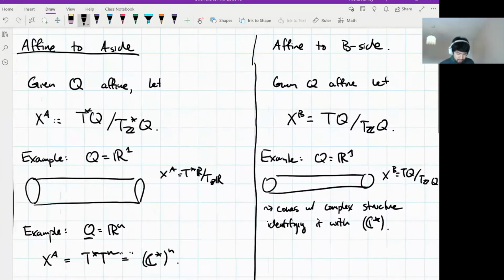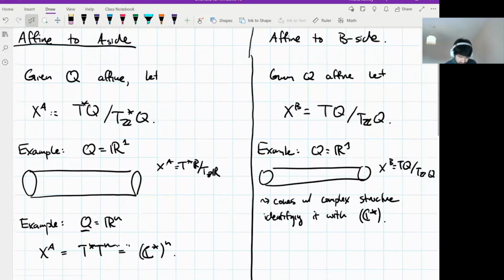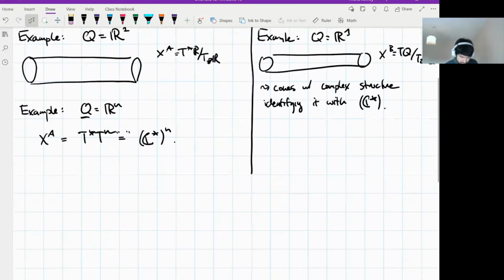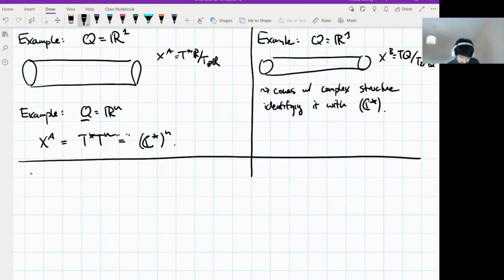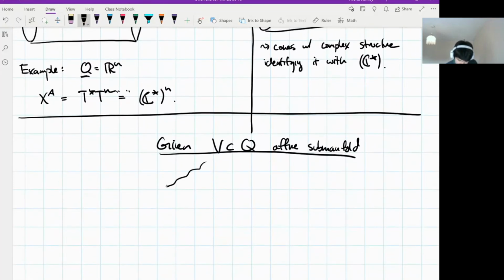Now, we didn't just have a story where we had a symplectic space and an almost complex space, but we also had a story where both the A side and B side came with these preferred submanifolds. And let's talk a little bit about how that enters into this. So given V inside of Q, which is an affine submanifold, I can do two types of upgrades.